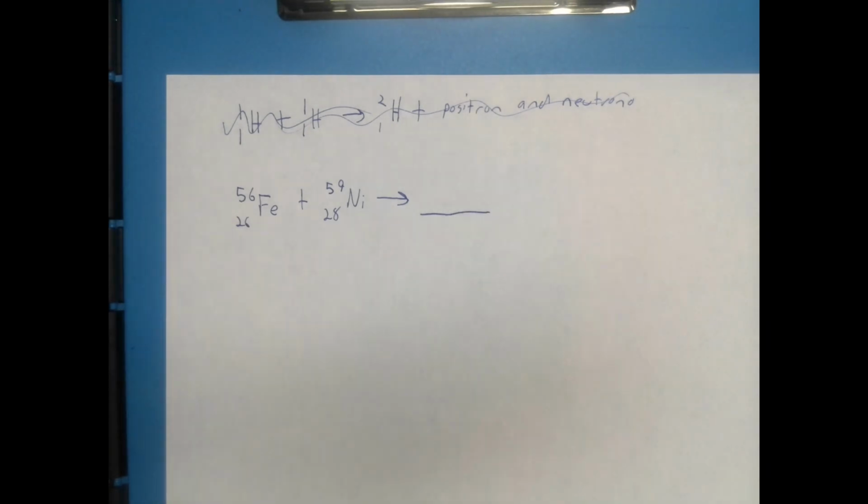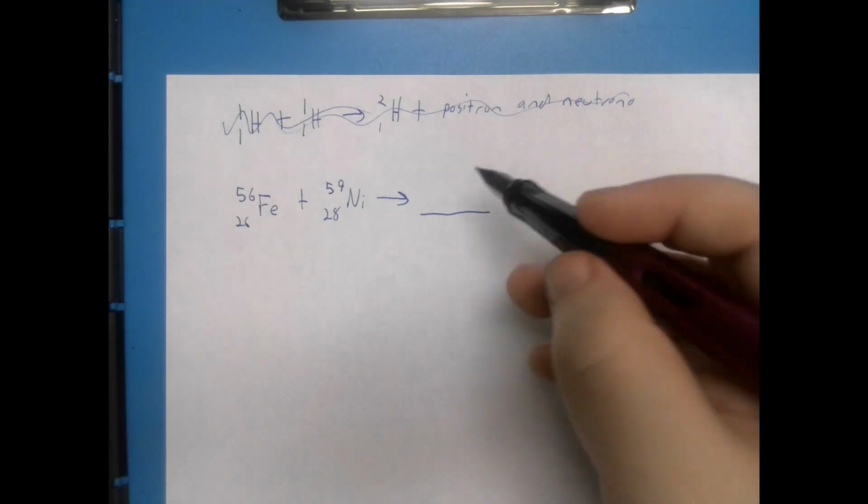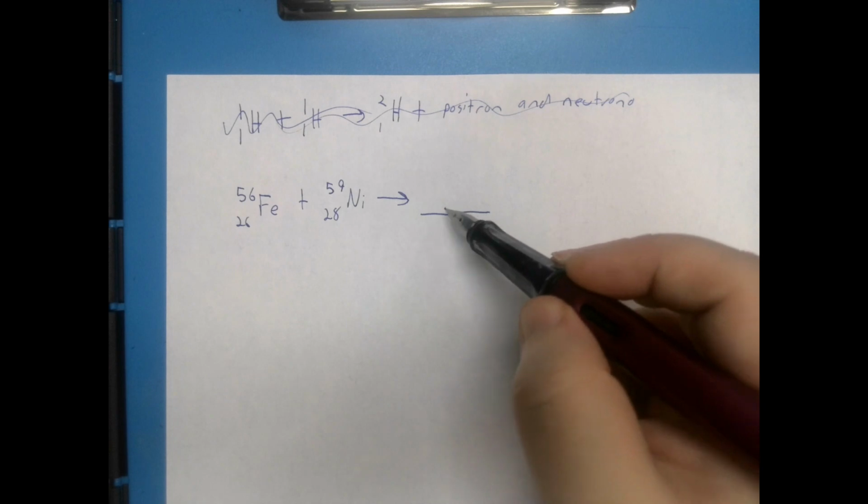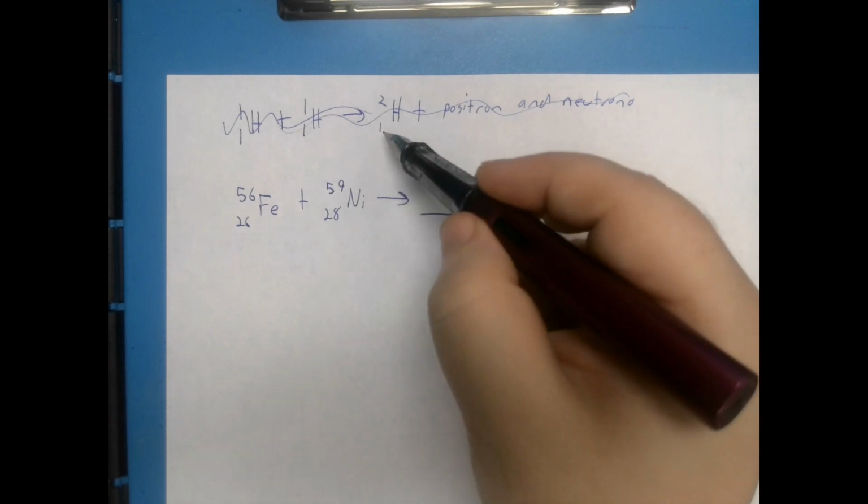What would this atom have to be? For the most part, we're going to assume that there's only one item there.